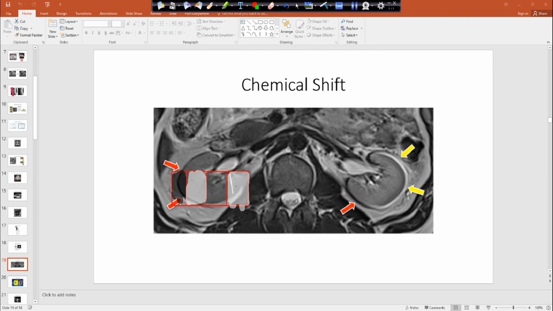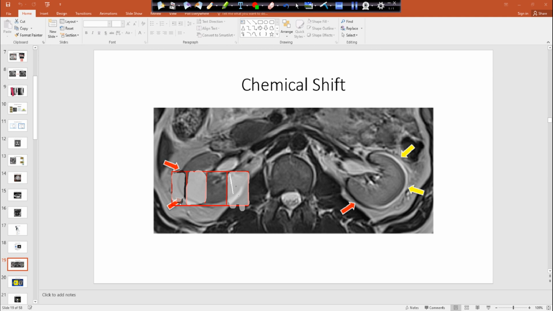So if they're right next to each other, it's not going to be as noticeable. But if they're so close that they're actually in the same pixel, the white and the black obviously make gray. So then you won't even see that chemical shift at all.